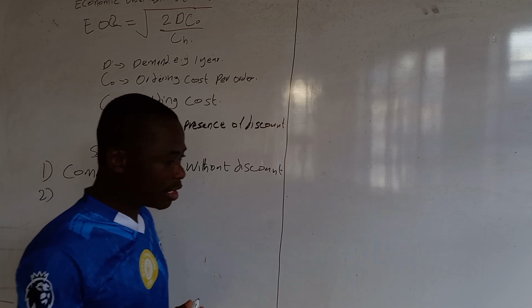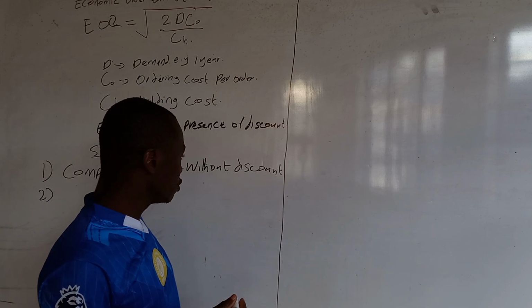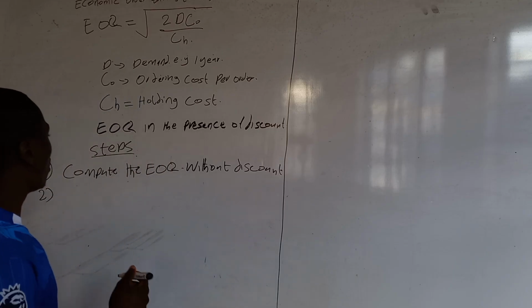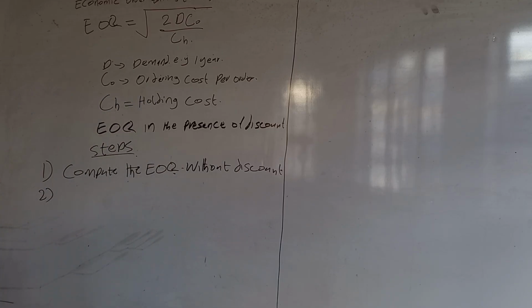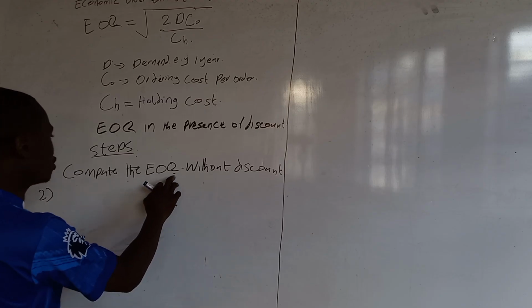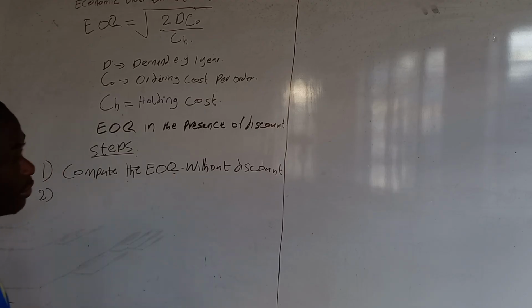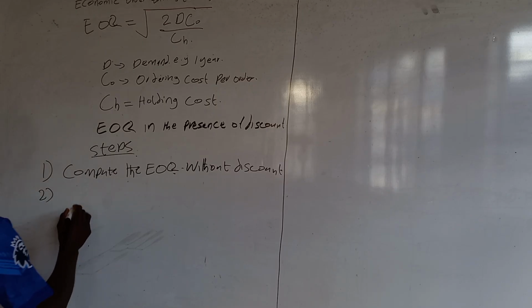Wherever you are given a discount, mostly you are going to be given the Q, the quantity you need to order. Remember, at the EOQ, this Q is what we are looking for, but now we are being given it. So what you are going to do is use the discount to find the total cost.